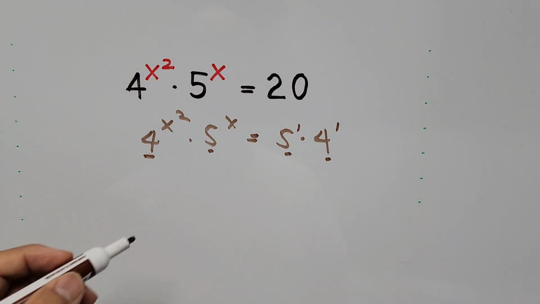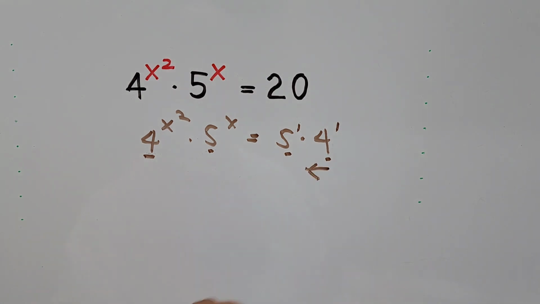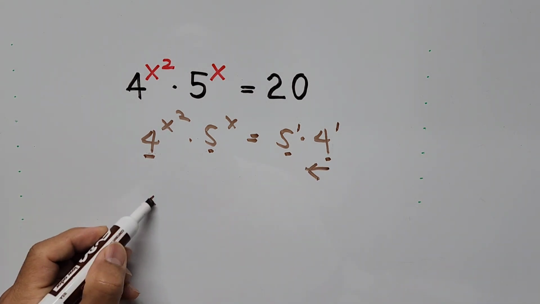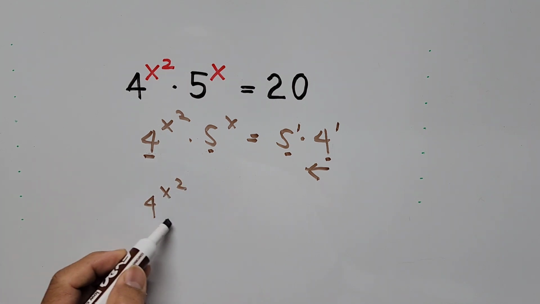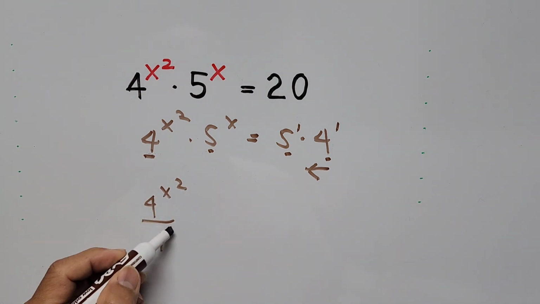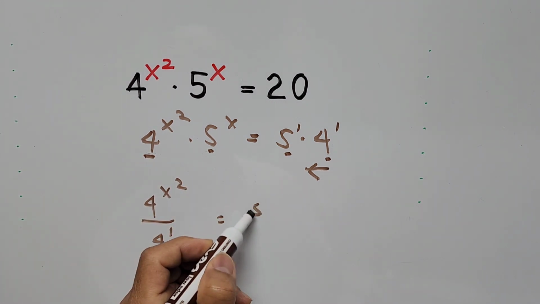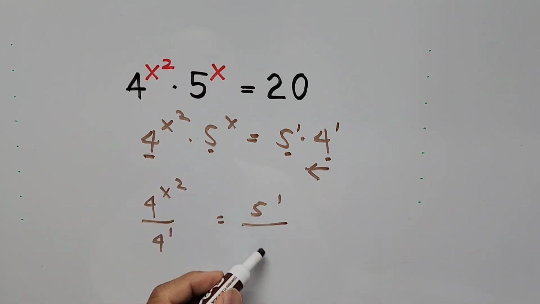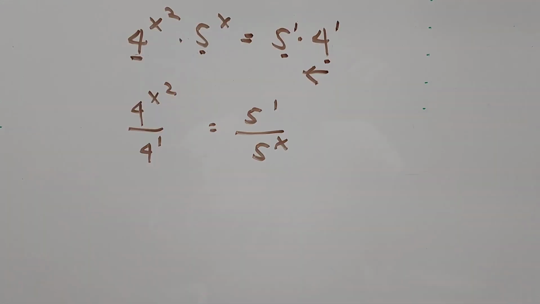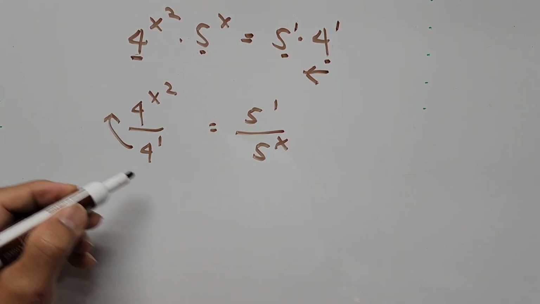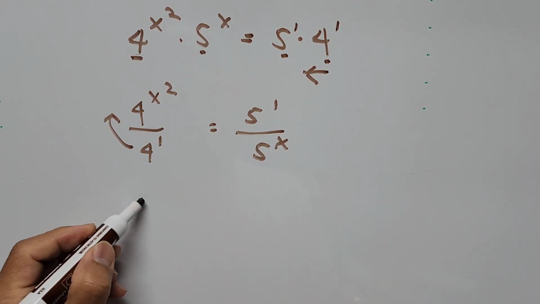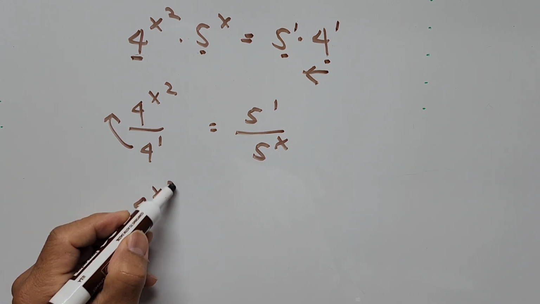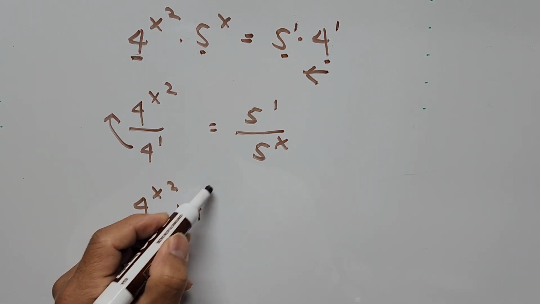We do that by moving 4 to the left. So we now have 4 to the power of x squared divided by 4 to the power of 1 equals 5 to the power of 1 divided by 5 to the power of x. To simplify, we can move this 4 to the power of 1 to the numerator, so we have 4 to the power of x squared times 4 to the power of negative 1.